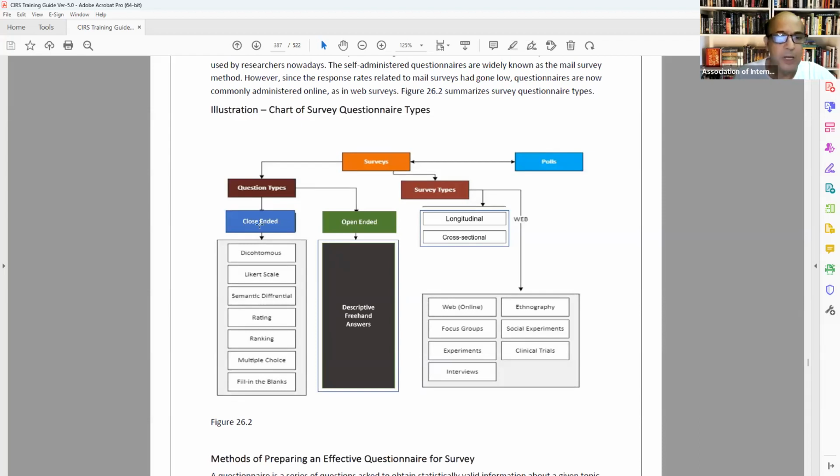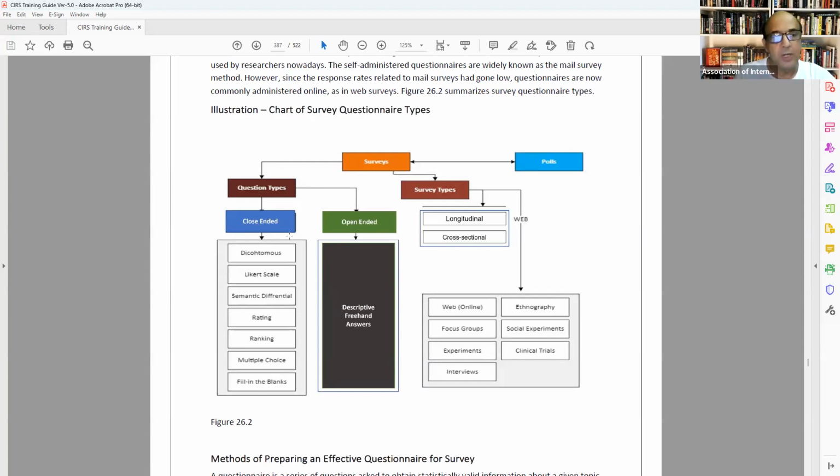So that would be open-ended, but mostly it is close-ended questions that we are interested in, so that it is more controlled and we are in command of asking and getting the answers for the exact questions to which we need those answers.